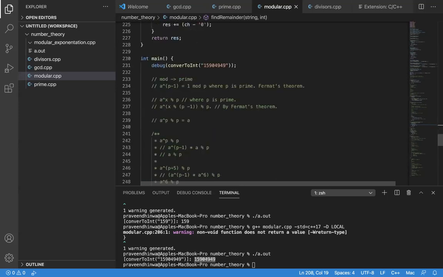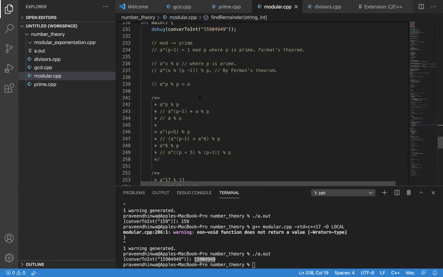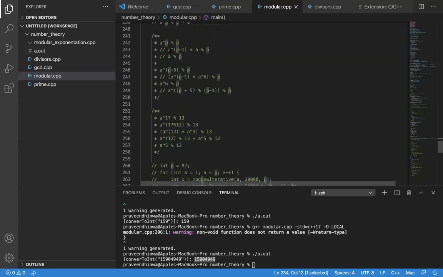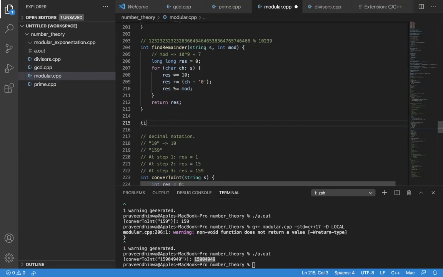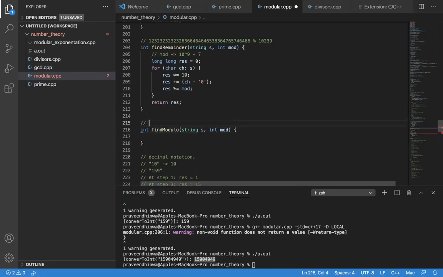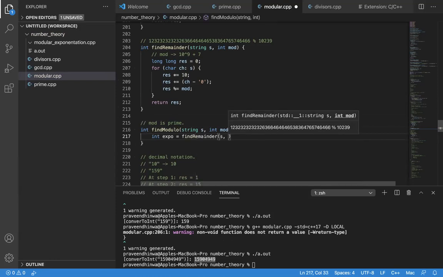So now you can solve that question of yours, the modulo p minus 1 thingy. So now if someone asks you int find modulo string, let's say as int mod, and suppose mod is prime. If mod is not prime, you can solve that case as well. But if mod is prime, what do you do? You find exponent, expo would be find remainder of s comma, what should be the value here?